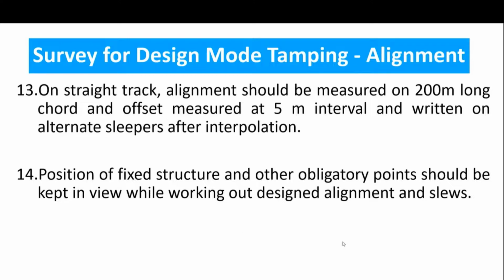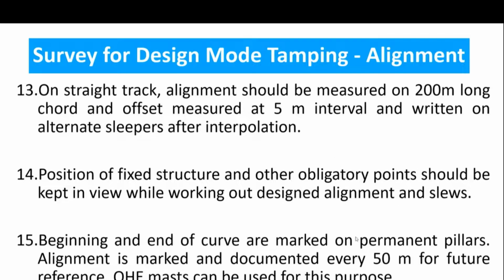Position of obligatory points and fixed structure to be noted, so that slews are designed in such a way that their obligatory points are taken care of. Beginning and end of curves are to be marked, and they are to be documented at every 50 meter for future reference.